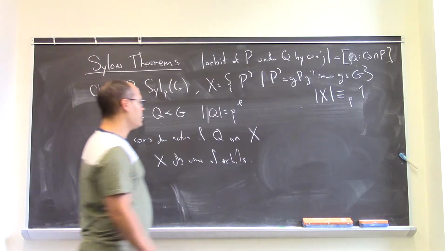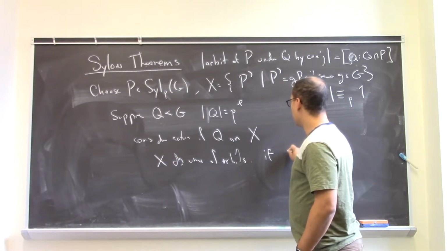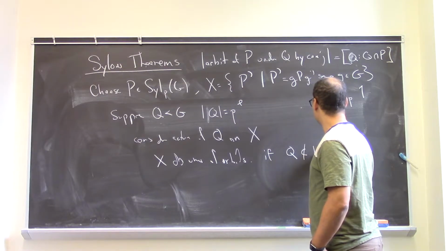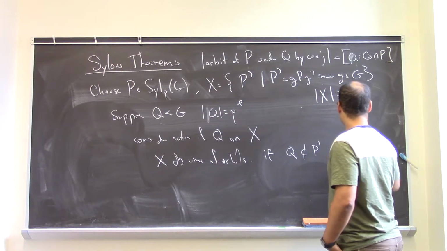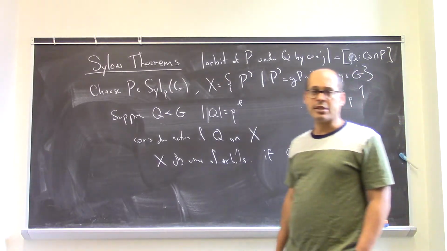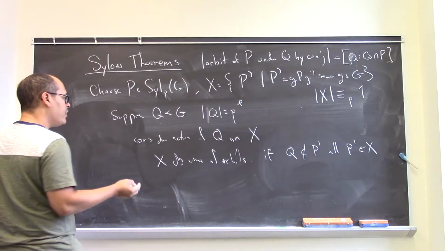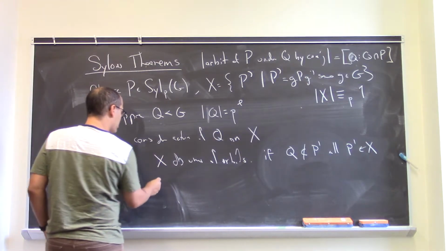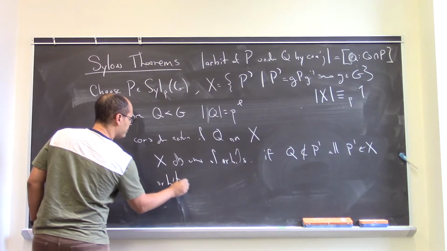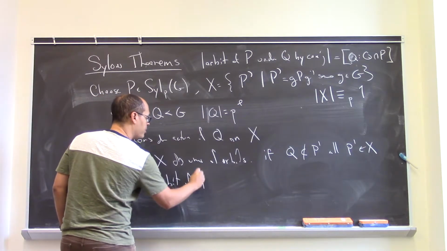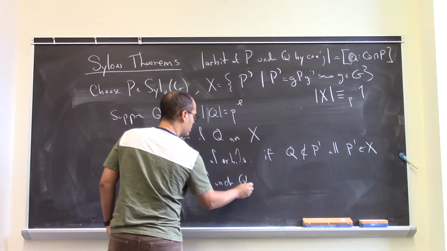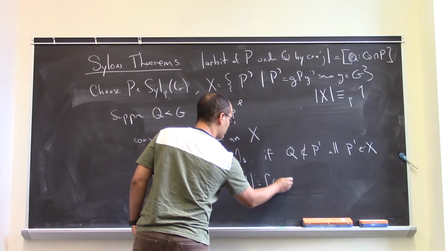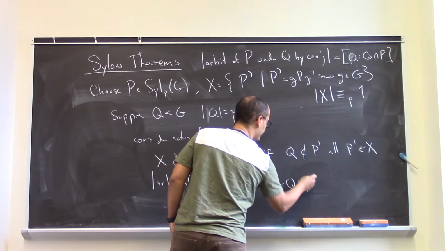Let's suppose, what if Q is not contained inside any of the P primes in X? I claim that's impossible. If Q wasn't contained in any of these, then the orbit of P prime under Q would have size the index in Q of the intersection of Q and P prime.